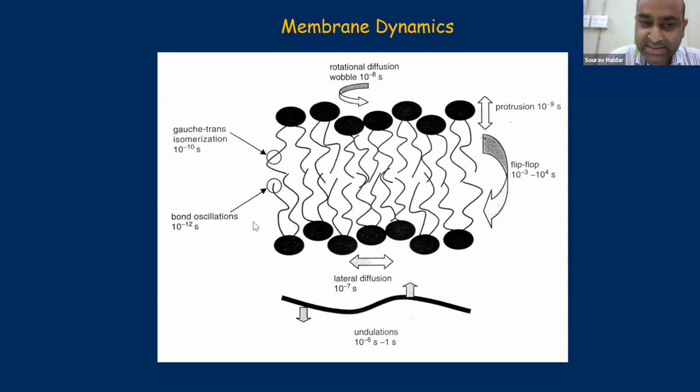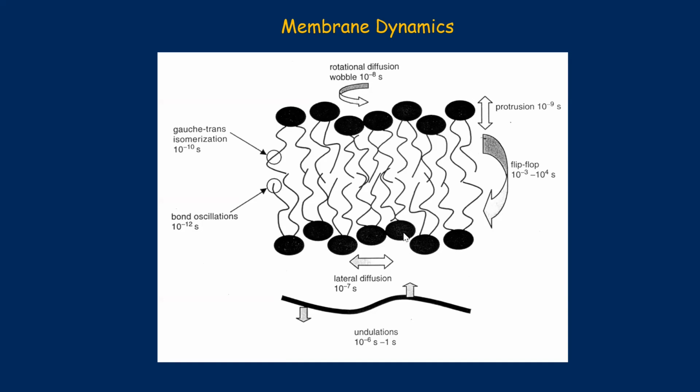In the faster time scale, bond oscillations and trans-gauche isomerization, and there are two motions which are identified. One is called the protrusion, where the lipids change their vertical position because they are constantly experiencing upward drag and downward drag. That's why they are oscillating even in the vertical direction.